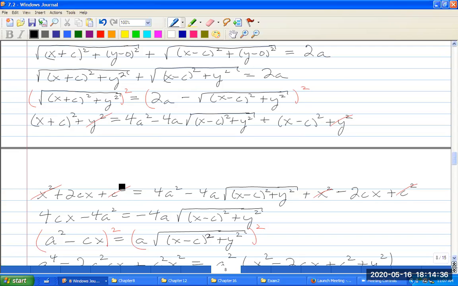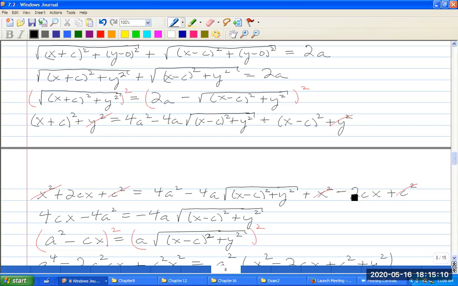Let's rewrite the first two terms: 4a squared minus 4a times the radical, plus, now multiply out (x minus c) squared, which gives x squared minus 2cx plus c squared. The x squares cancel, the c squares cancel, and the y squares cancel.